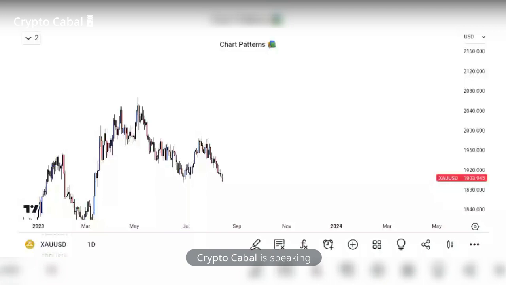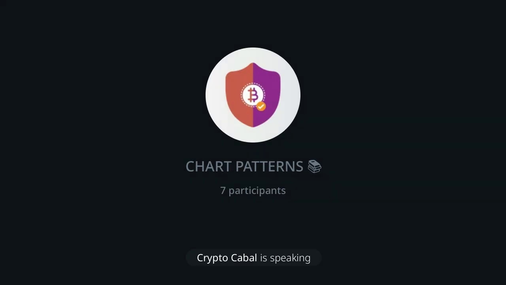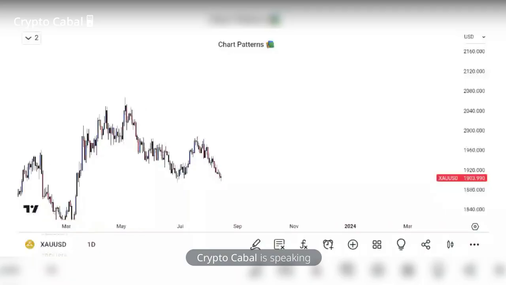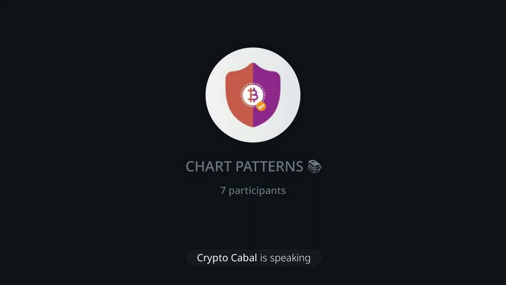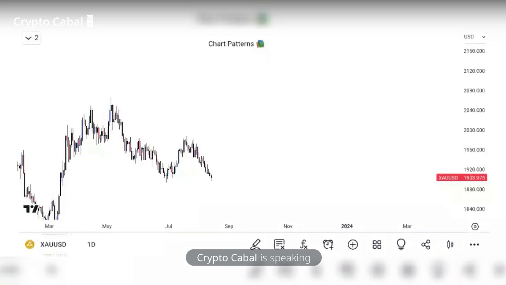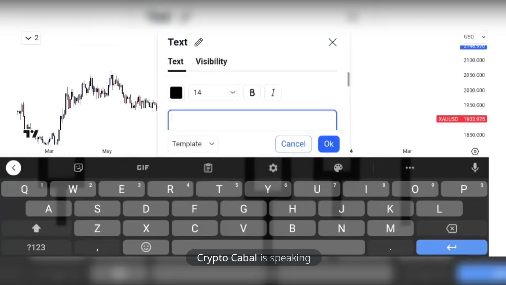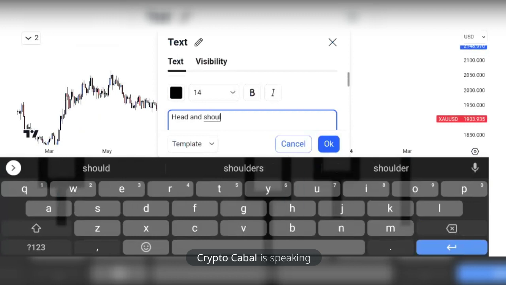So quickly, let's dive into our charts, where I'll be talking about some common chart patterns. But before I dive into it, I'll list some very popular chart patterns. Firstly, we have the head and shoulders pattern.